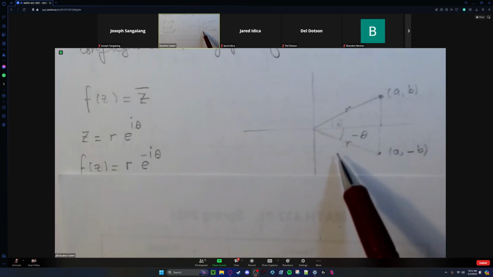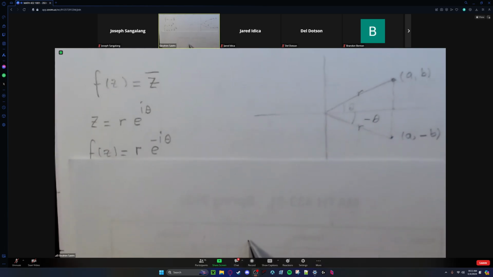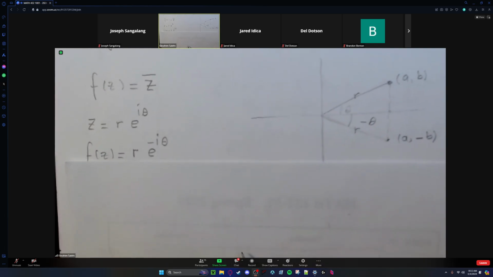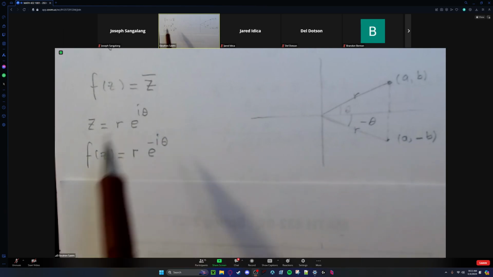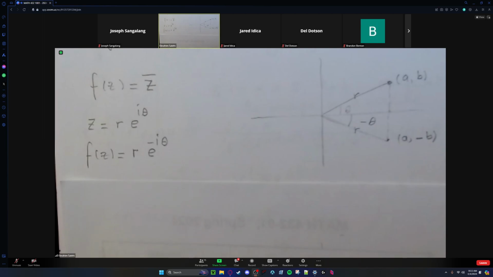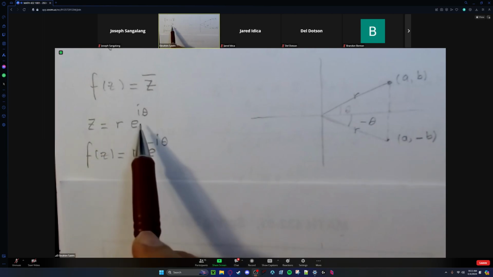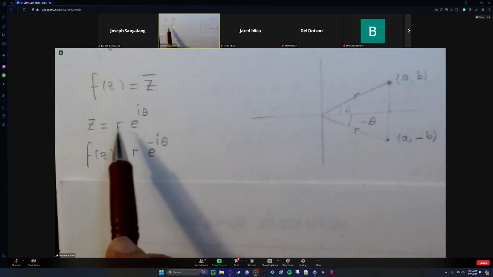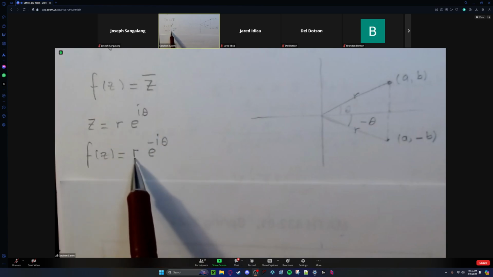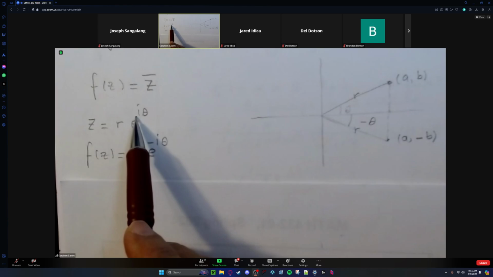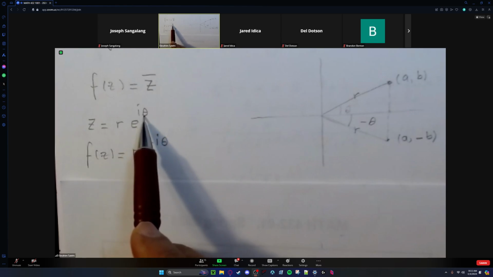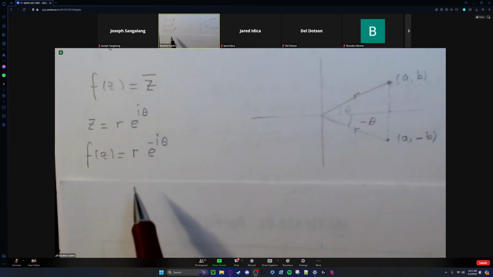The argument becomes negative, and that you can observe by putting it in this polar format. If this is z, the conjugate, r doesn't change. Whatever is multiplied by i will be negative i.